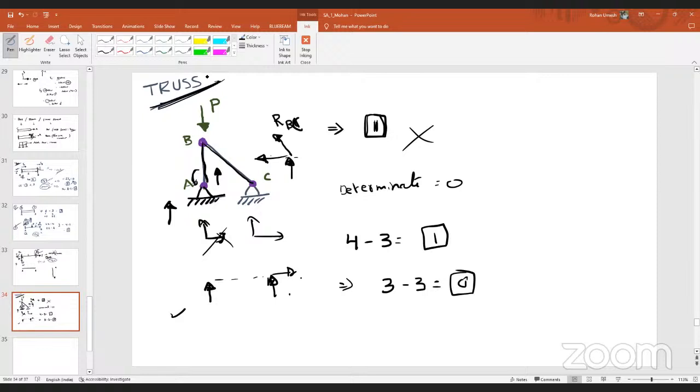If it is a frame, it will resist, as we have discussed, axial force, vertical force, and moment. So the frames will transfer all types of forces to the supports. So this is not true for the frame examples. That's why here we clearly said that this is for the truss problem.